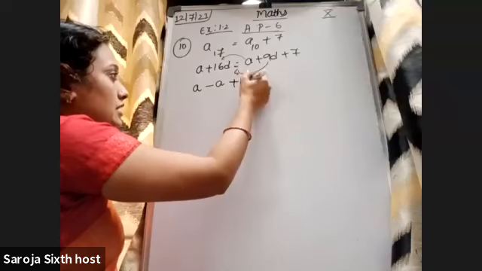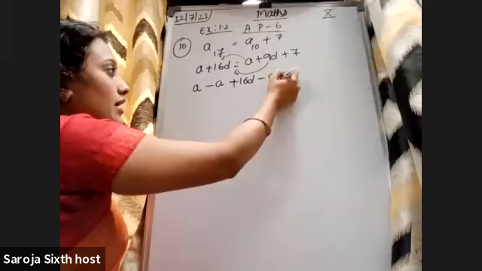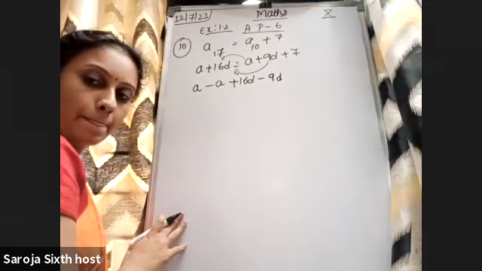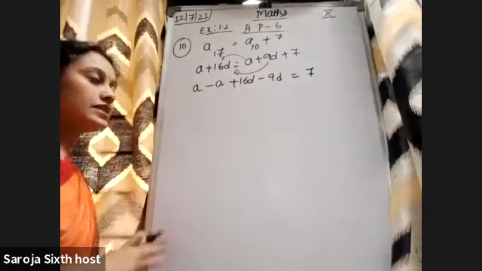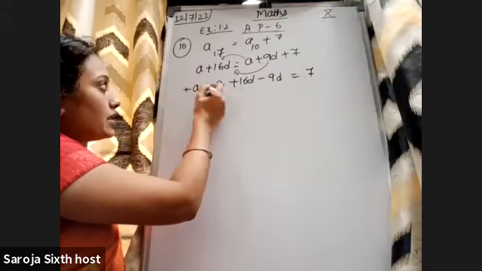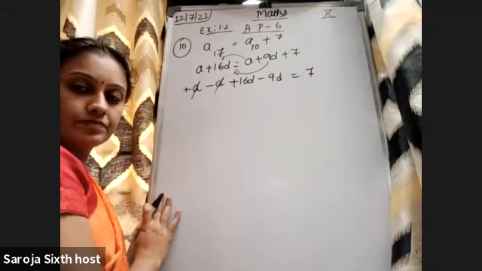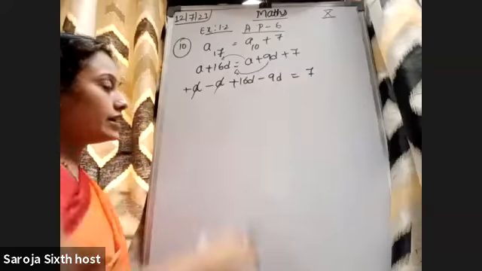So now plus 16D, you keep it as it is. Plus 9D, when I shift here, you will get minus 9D, right? Equals to 7, keep it as it is. Now here see, plus A minus A gets cancelled. So plus 16D minus 9D is how much?